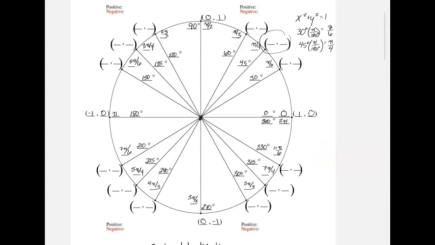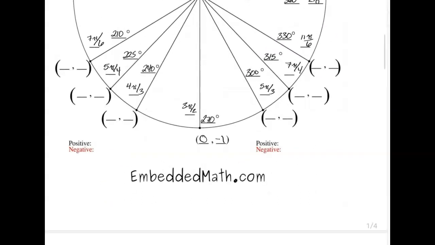Let's start with the pi over 4 here. What I'm going to do is take this triangle here and pull it out to the side. When I do, I know this is 45 degrees here. I'm going to do that down here.